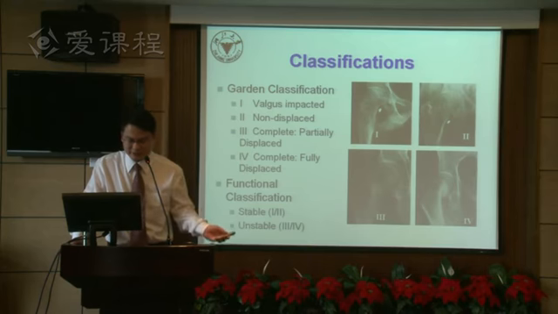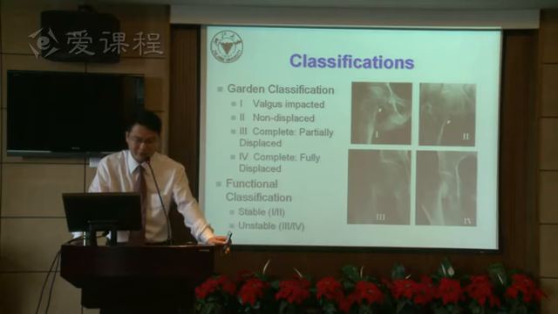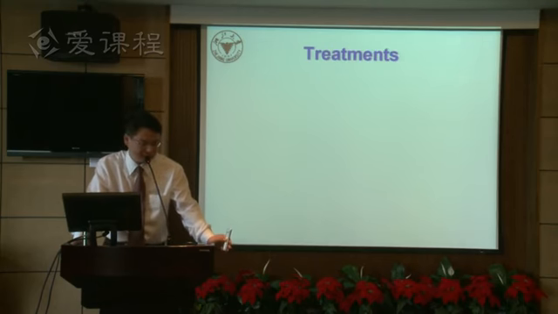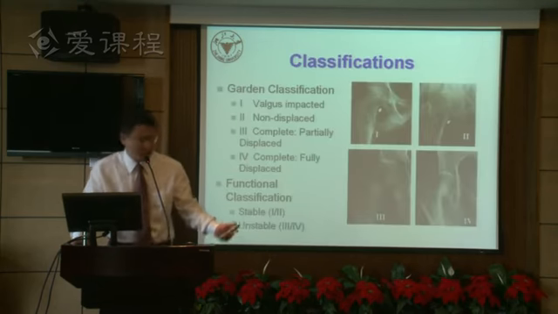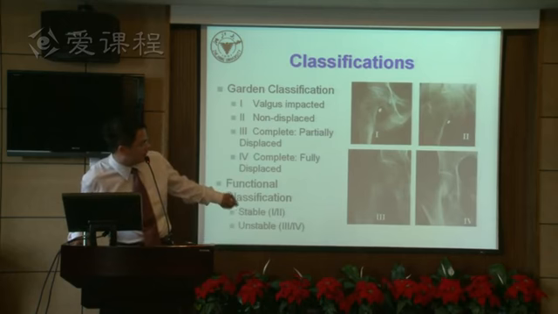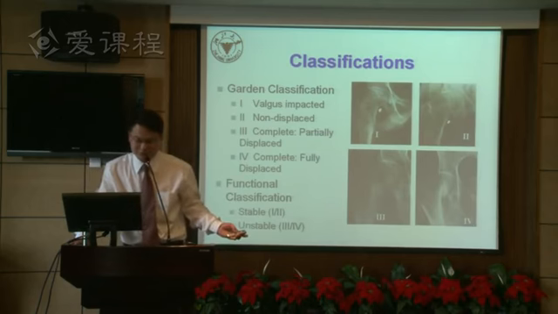According to the function of the femoral head, we can divide the fractures into stable and unstable fractures. As I've talked about, these two are stable and these two are unstable.